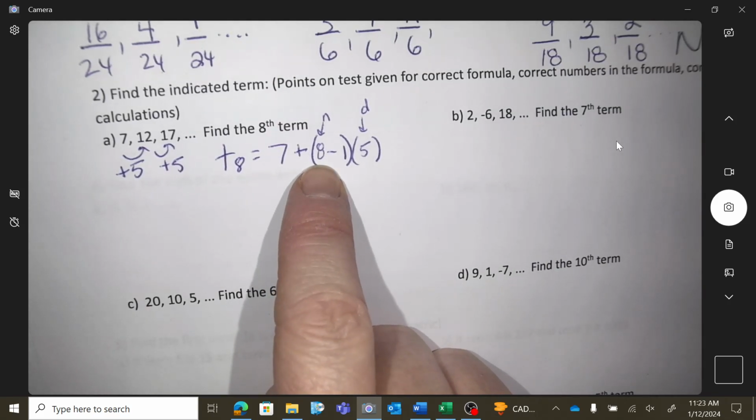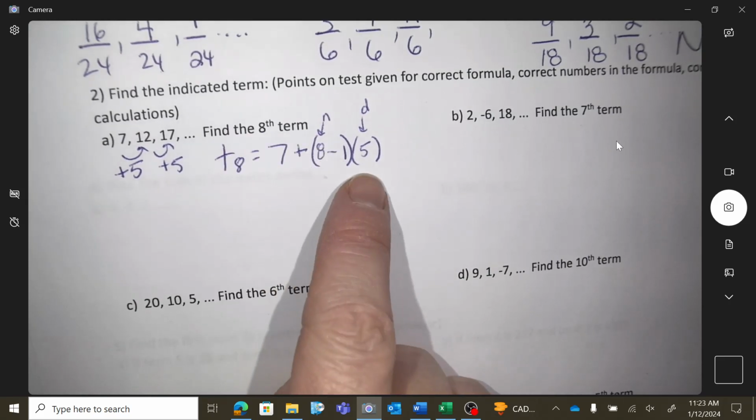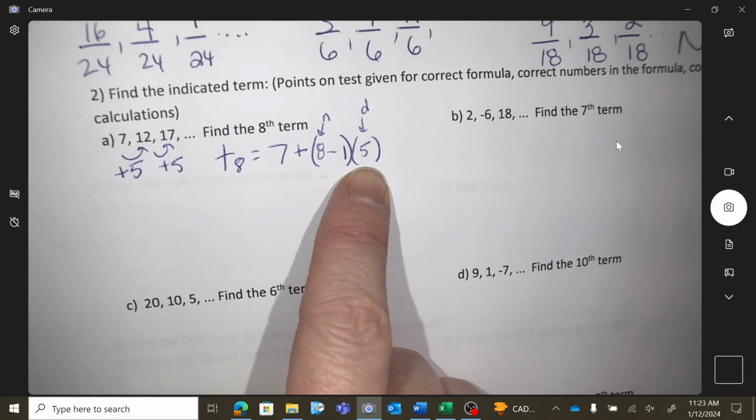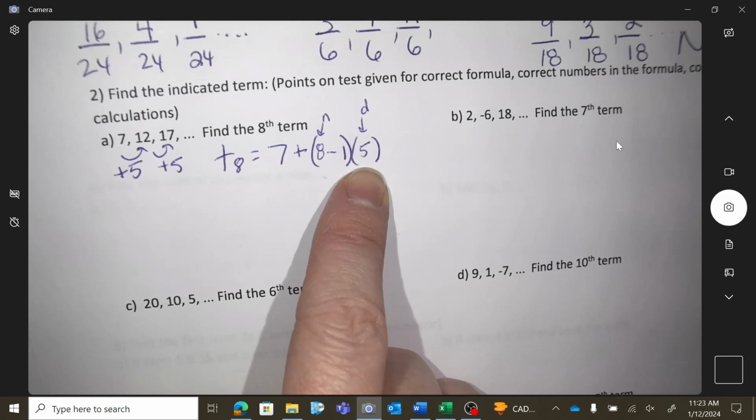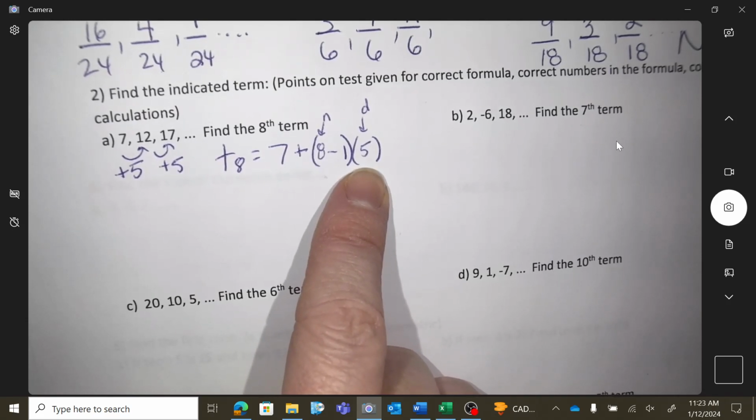Okay, don't forget n is the number of terms, and I'm going to 8 terms. D is the difference. What's the common difference every time? There's a 5 as a difference.